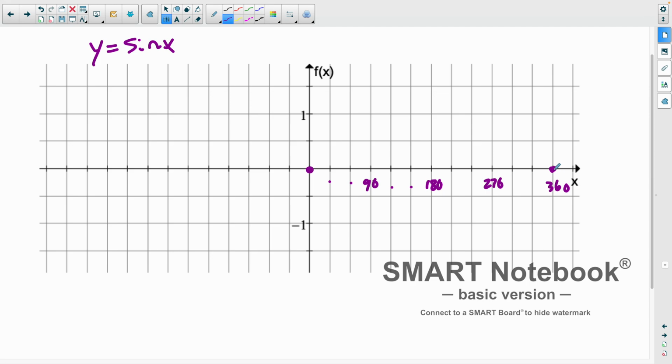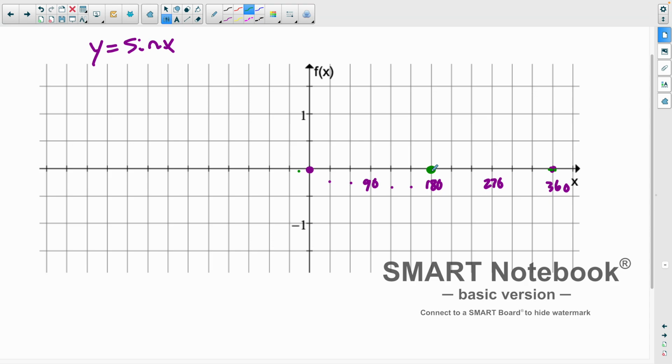Now, I should see an entire sine graph in this spot. Now, if you remember, sine graphs go up, they go back down, and they come back up to the midline. So halfway between these two, in the middle would be at 180, it's going to hit the midline again. So it's going to go above, it's going to hit the midline, then it's going to go below, and then we'll have a full graph.